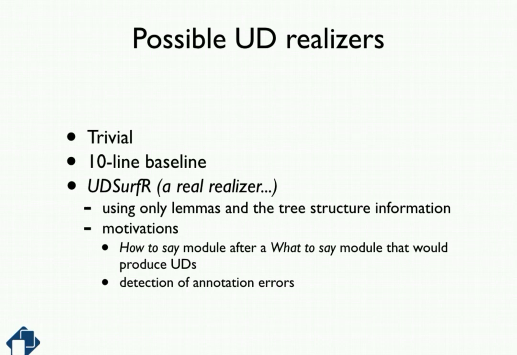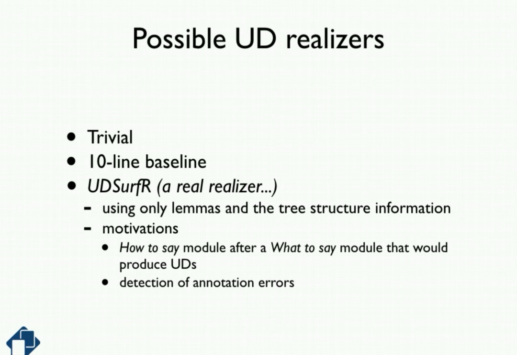Okay. So why would we want to do this? Well, first of all, in the context of a natural language generator, if you had a what-to-say module that would generate UD dependencies, you could have the English sentence output from this.